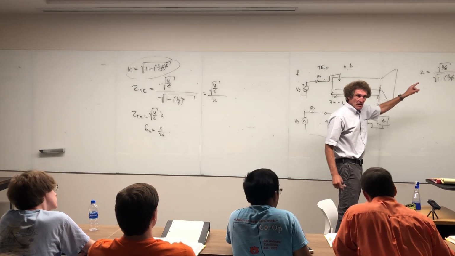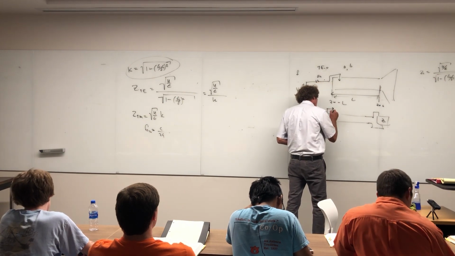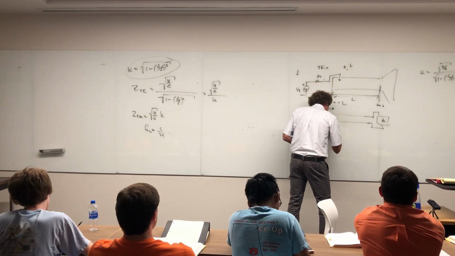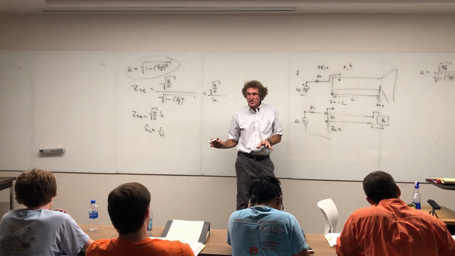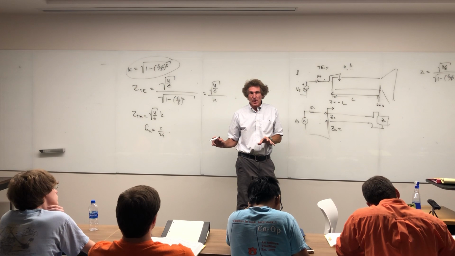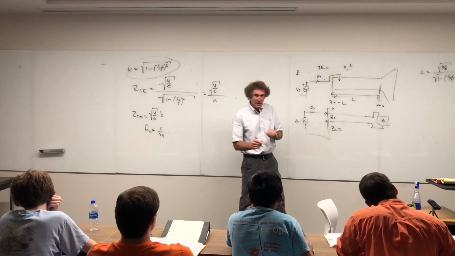Follow me? Now once you have the characteristic impedance, the impedance looking into this guide, just call this Zn, is identical to the equation that you used before for the input impedance. Some of you remember it. There's one caveat that's about to come.